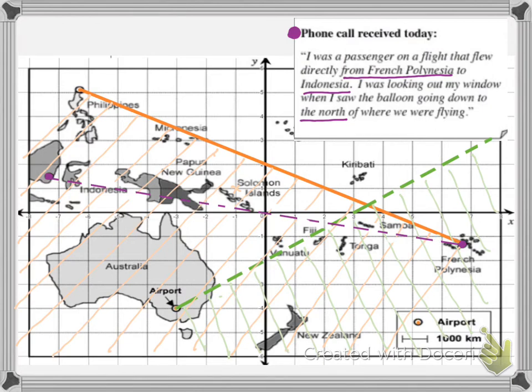I think everybody's does if you don't have a ruler with you and you're just trying to create a straight line, so with a dashed line or with holes in it. All right, and then it said that it was north of where they were flying. Okay, so we're going to be above this purple line. All right, so above the purple line. So let's say I'm going to stay above the purple line.